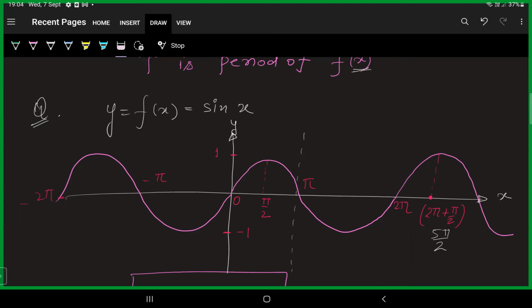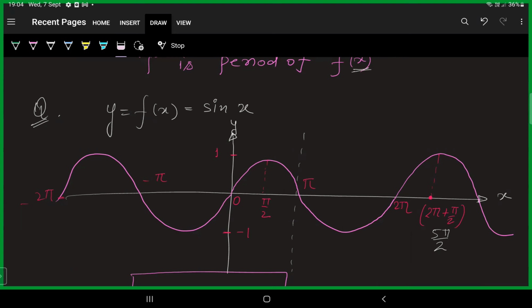There are certain numbers you should know, like pi by 2, pi, 3 pi by 2, 2 pi, and in the middle, pi by 4. I've done it, I'm not going to do it again. So this is sine of x, where this is the x axis and y is the function. This is actually the function f of x.